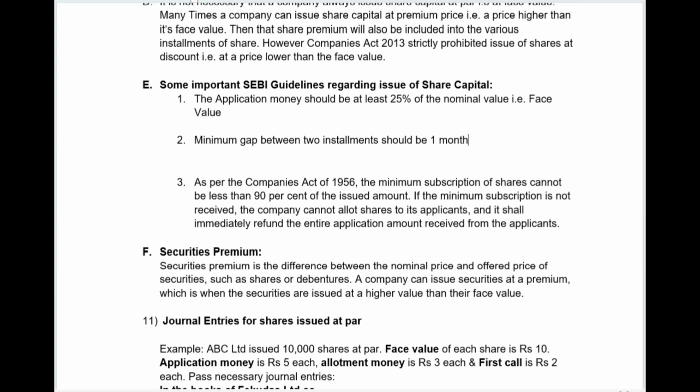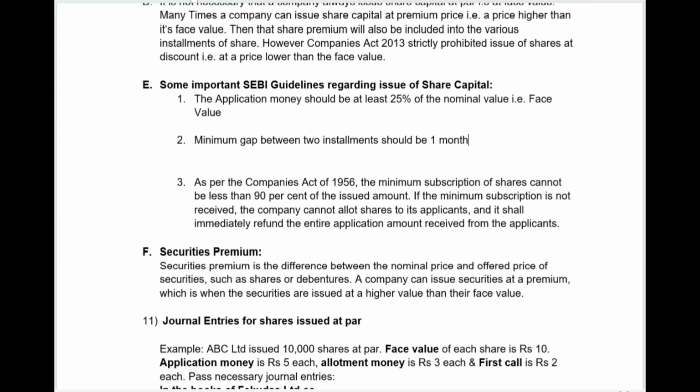So in that case, the subscription of shares will be 80% of the company's issued shares. So the company in that case cannot transfer that money into the share capital amount, and they have to refund all the money to the subscribers. But if the subscribers purchased 90,000 shares out of 1 lakh, then it matches the minimum subscription amount, that is 90% of the issued amount.